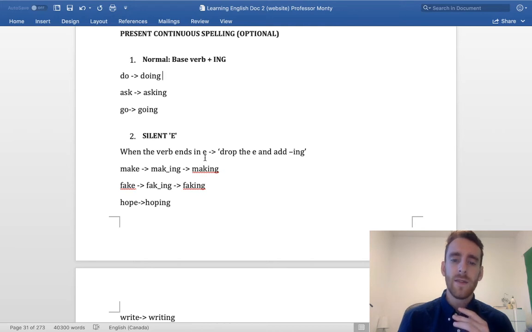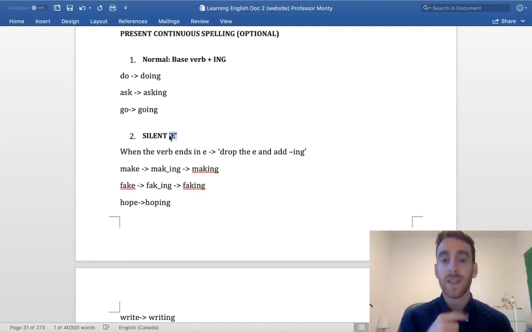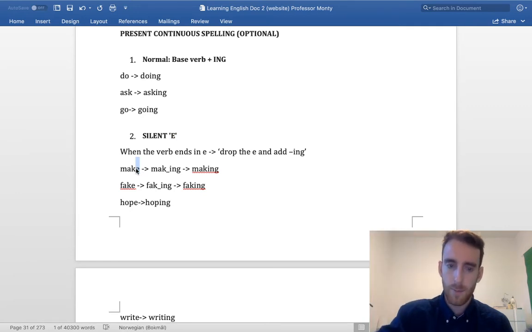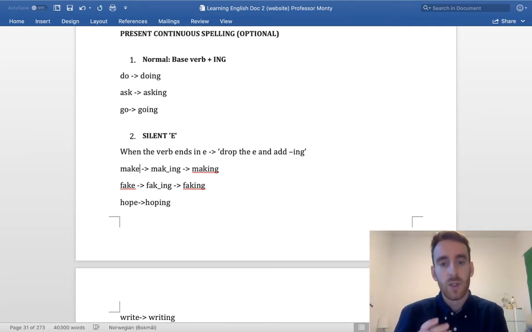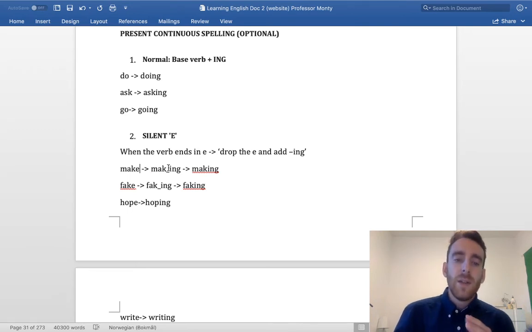So if the verb ends in a silent E, okay, you need to take out that E. Just pop it out, okay, for make, like to make. Let's make a sandwich. You need to take it out. It becomes making. The same thing, fake becomes faking.